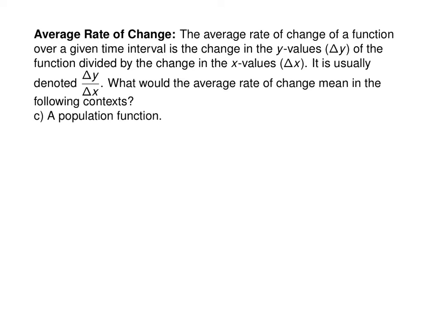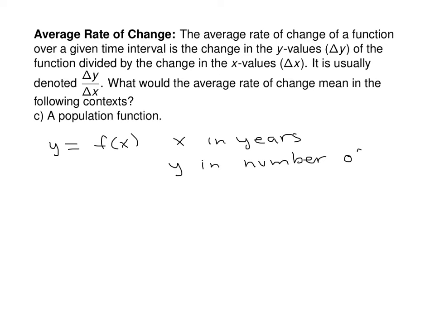Right. If we have a population function, so similar to the last example, suppose once again you have something y equals f of x, where x is measured in years, and we'll say y is in the number of moose.